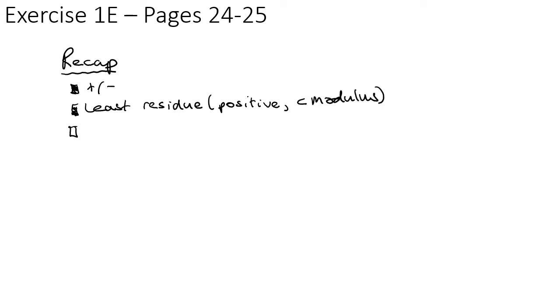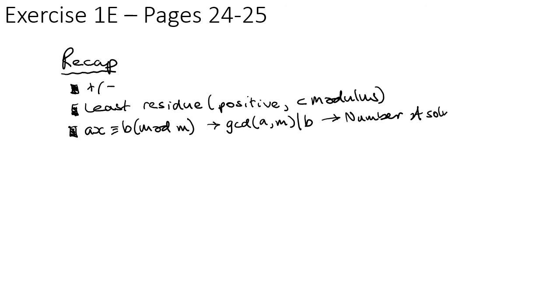If I have an equation in this form, AX is congruent to B in mod M, then if the greatest common divisor of A and M divides B, its value gives us the number of solutions. If the greatest common divisor of A and M does not divide B, that tells us that there are no solutions.